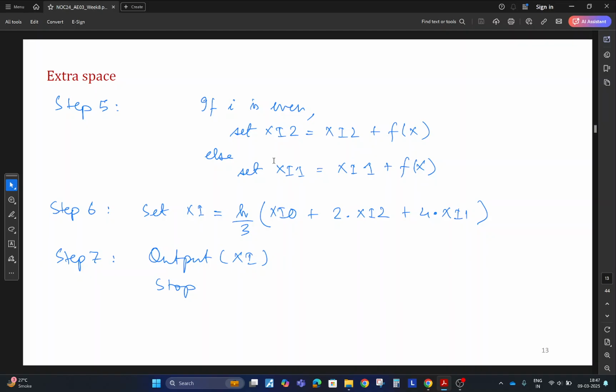In the sixth step, we set xi equals h by 3 times (xi0 plus 2 times xi2 plus 4 times xi1). And in the seventh step, we finally output the integral or the area under the curve, xi, after which we ask the program to stop.